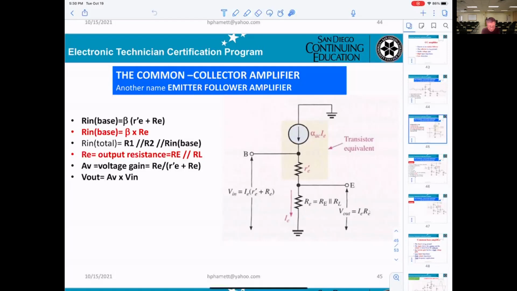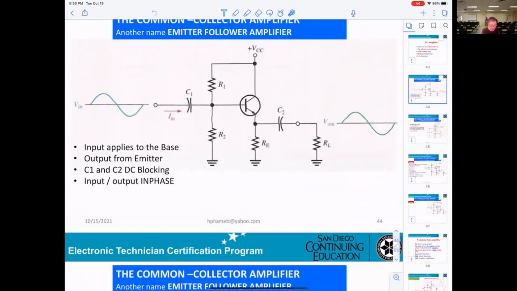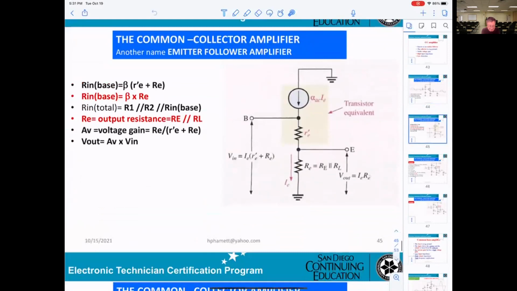This will be the combination of R big E and RL. You see that? R big E and RL are in parallel. So when you combine them, you get the AC resistance at the emitter. That will be R big E parallel R big L.